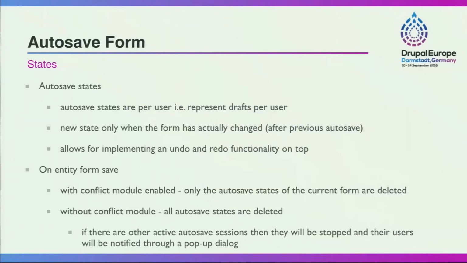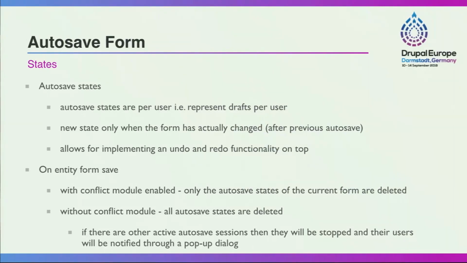When an entity form is submitted, there are two cases that we have to consider. The one is when the conflict module is enabled. I will come later to it. And the other is when the conflict module is not enabled. When the conflict module is not enabled, then all the autosave states for the current entity among our users, among all their sessions, will be deleted. Why?